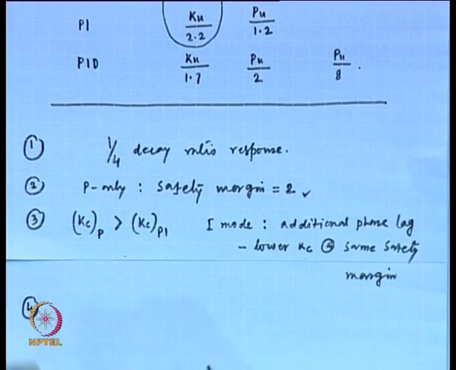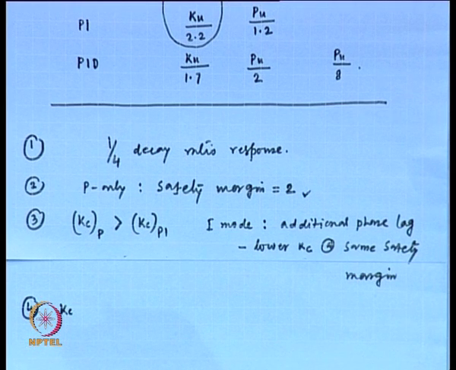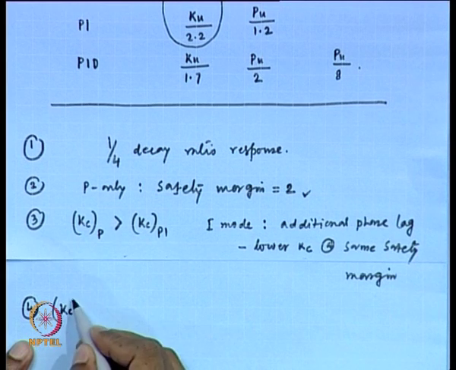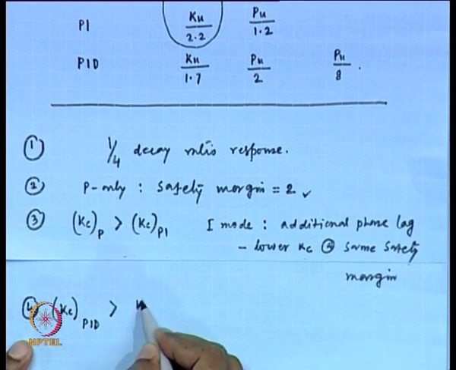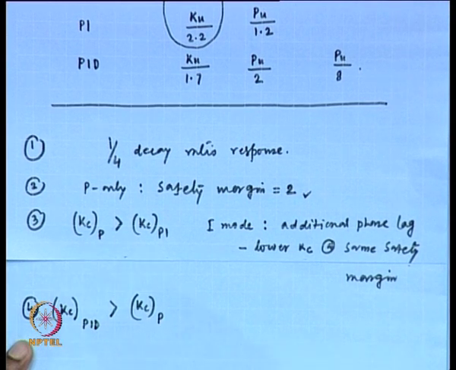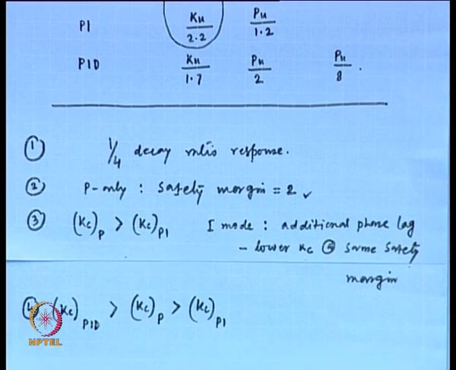In the last point, we will compare the Kc value of all three controllers. You see the Kc value of PID controller is greater than Kc of P only, and that is again greater than Kc of PI.